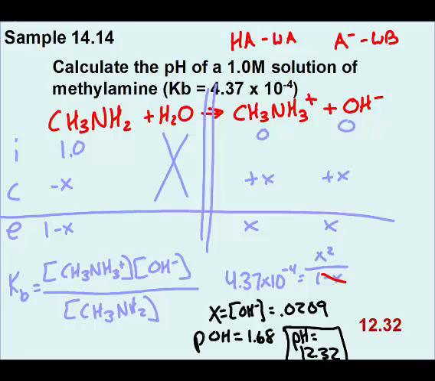So make sure that you had your Kb expression. Plugging that in, we can ignore the minus X, and we get our concentration of OH to be 0.0209. If you're ever in doubt on if you could actually eliminate that minus X, remember you can calculate the percent dissociation. If it's less than 5%, then you're good. So if I was to calculate my percent dissociation, remember it's X, which in this case is 0.0209, over my initial concentration, which was in this case 1 molarity, and then times 100.